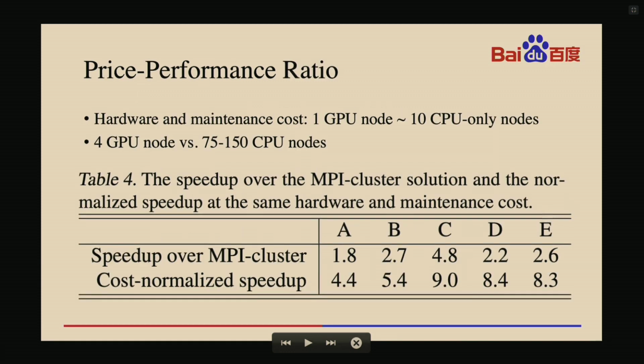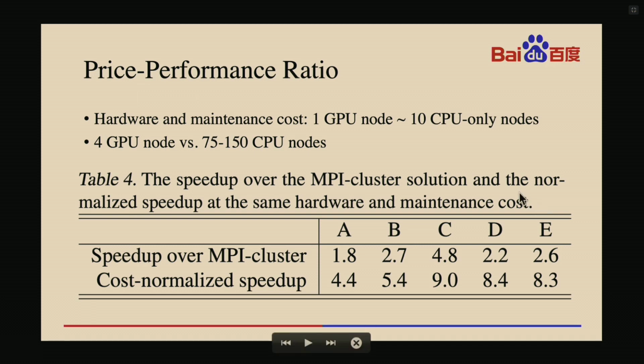So people can also ask that your GPU use so many fancy hardware, that means it can be very expensive. Of course, we can normalize the speed up with the hardware and maintenance costs. Say 1 GPU node is somehow comparable with the cost of 10 CPU only nodes.